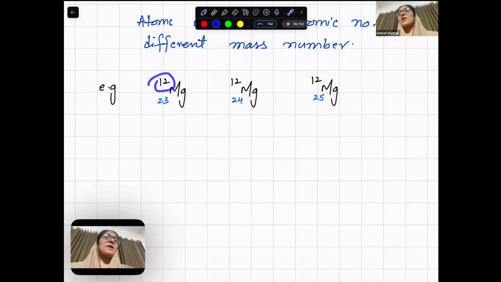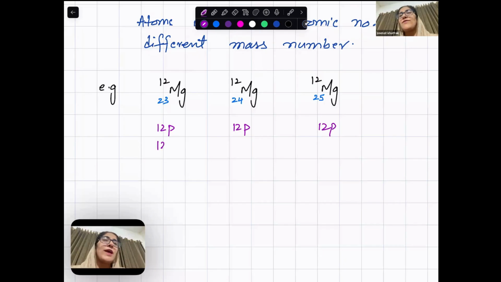They have the same atomic number but different mass numbers. Why do their mass numbers differ? Because their neutrons are different. How? 12 protons, 12 protons, 12 protons. 12 electrons, 12 electrons, 12 electrons. But 23 minus 12 gives 11 neutrons, then 12 neutrons, and 13 neutrons.